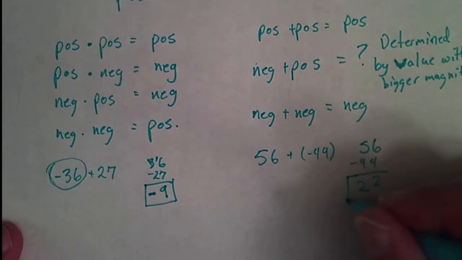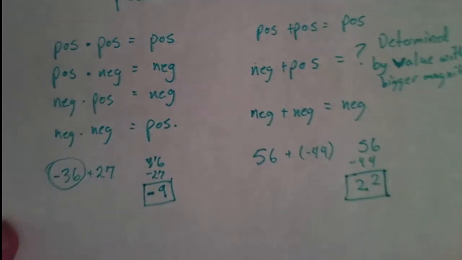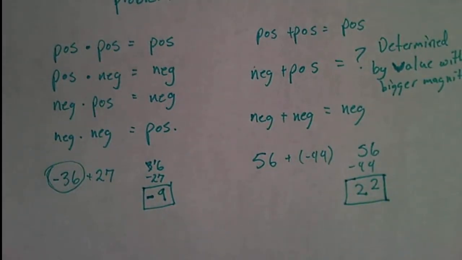So we don't need to put that plus out in front to signify that it's positive, but we can. So remember, the sign of the number with the bigger magnitude is what determines the outcome of our sum when we're adding a positive and a negative.